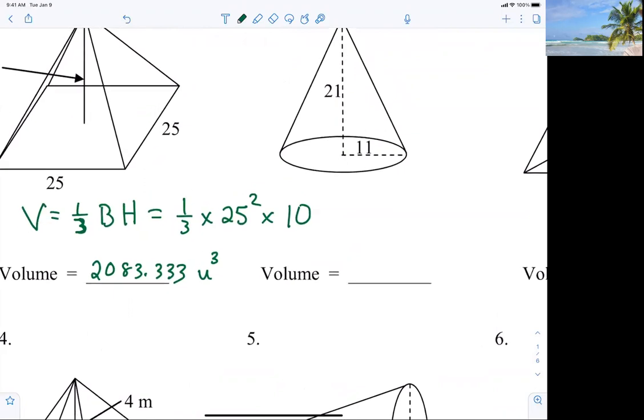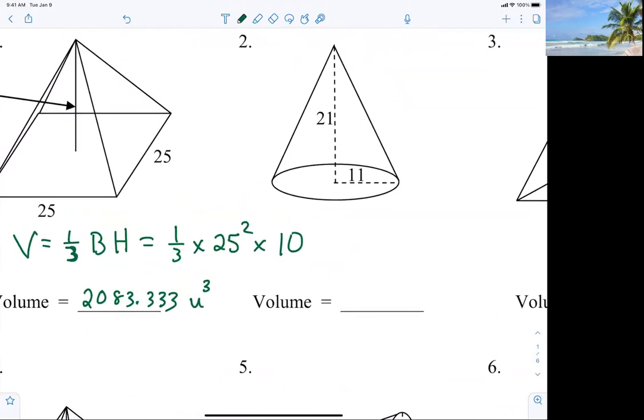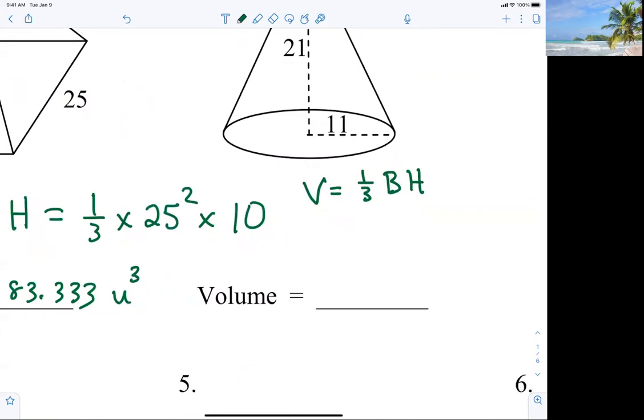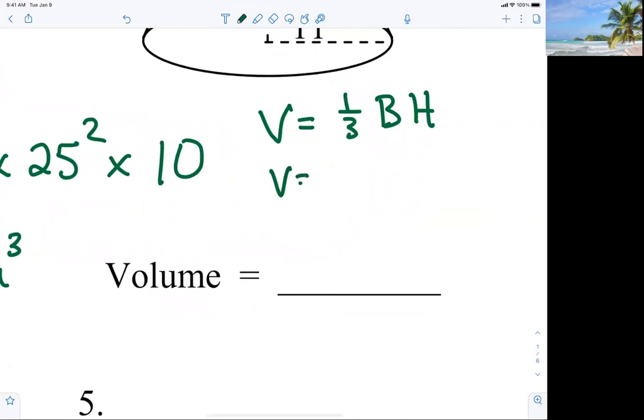Now, number 2, what is that called? A cone. What's the base shape? Circle. So again, I want everybody to write down V equals 1/3 BH. But what's the base again, guys? And what's the formula for area of a circle? Say it again. Yes. 1/3 pi r squared times h.